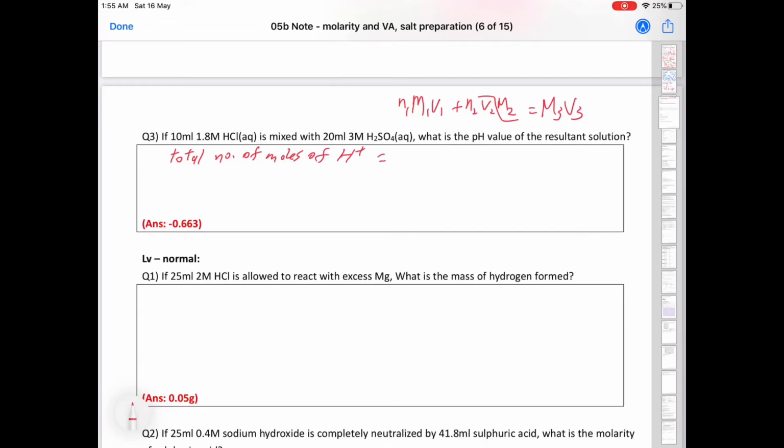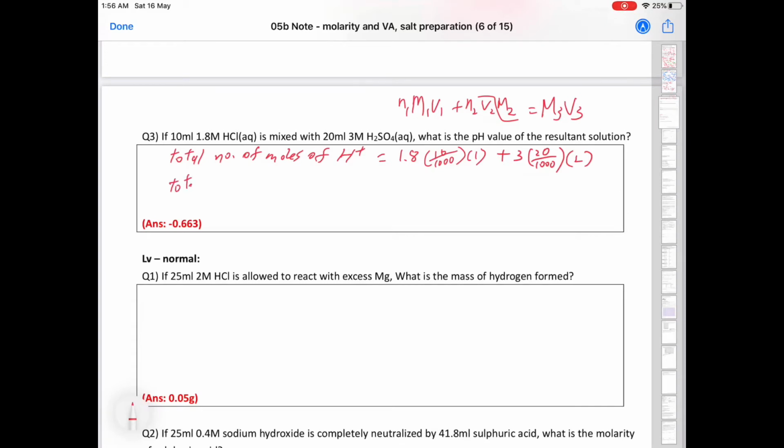And then you can use the first acid, hydrochloric acid, M times volume in dm cube, and then times the number of hydrogen ion, the mole ratio in HCl, that is 1, and then plus the molarity of H2SO4 times its volume in dm cube, 20 divided by 1000, followed by the basicity of this acid, because 1 mole of H2SO4 can give you 2 moles of H+, so we have to add back this mole ratio 2.